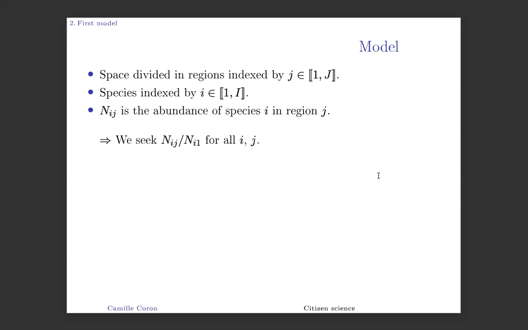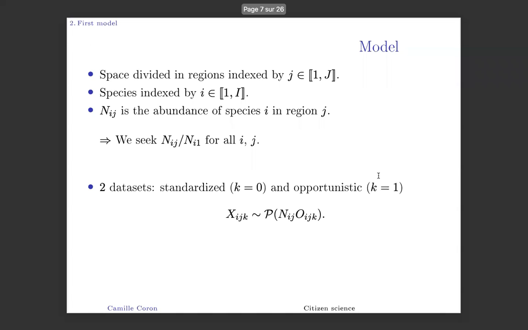And so our aim is to estimate Nij divided by Ni1 for all j. To this aim, we have two data sets: a standardized data set indexed by k equal to 0, and the opportunistic data set indexed by k equal to 1.